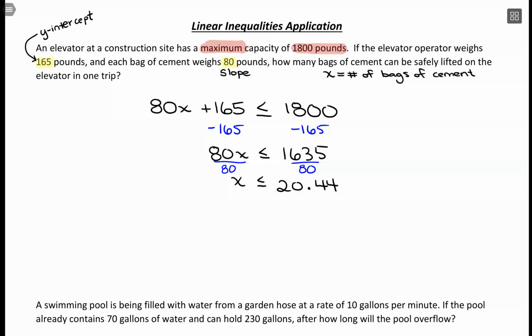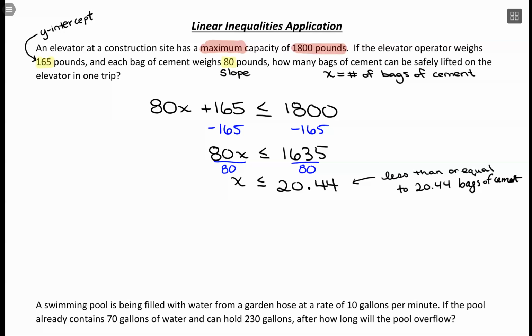So directly, what this is saying is that we need less than or equal to 20.44 bags of cement. And that would be an exact answer. That totally makes sense. You can answer it that way. The elevator can carry at most 20.44 bags of cement.